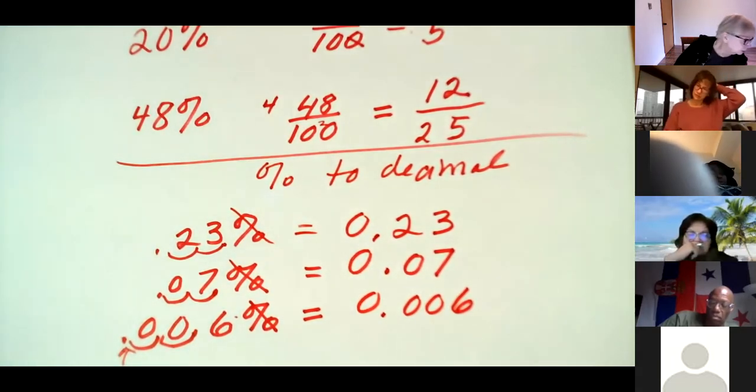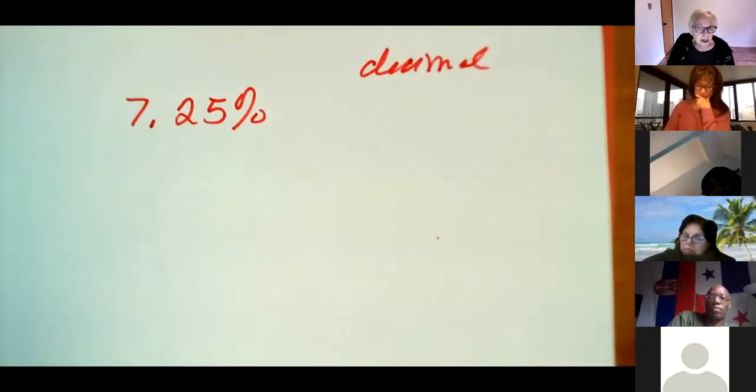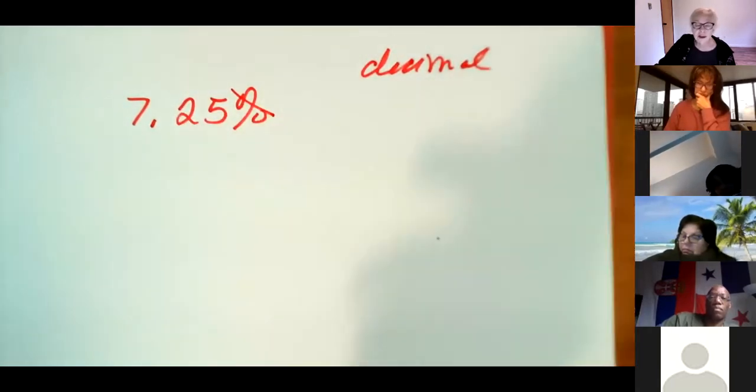Okay. So that's it. Let me just try one more. 7.25%. And what I want is a decimal. Just because this looks a little bit different than the others doesn't matter.